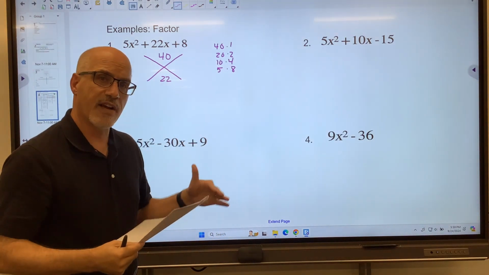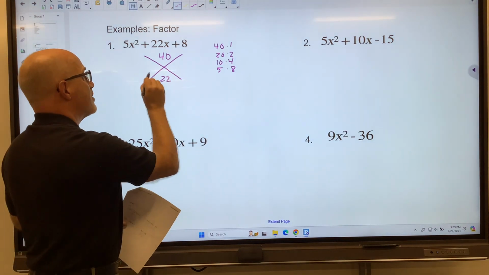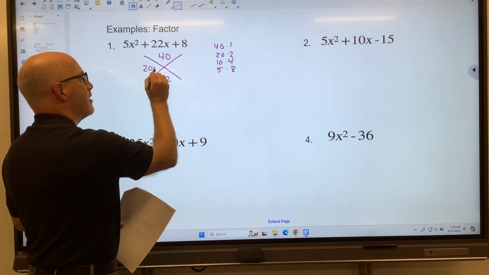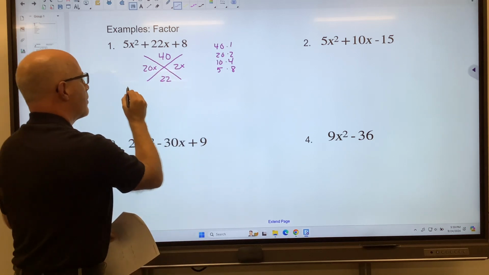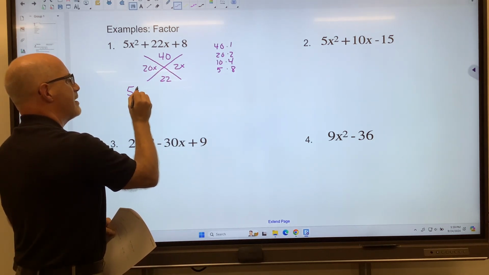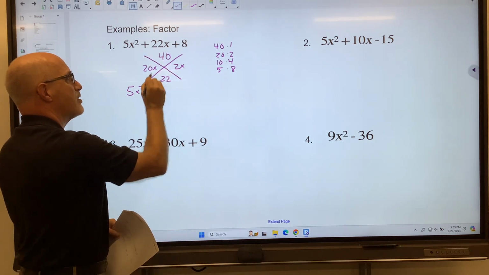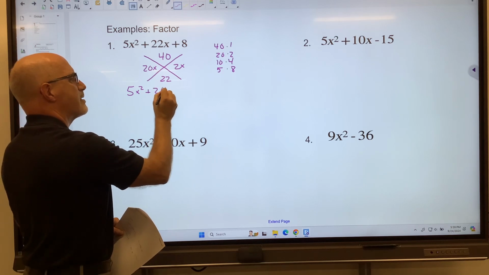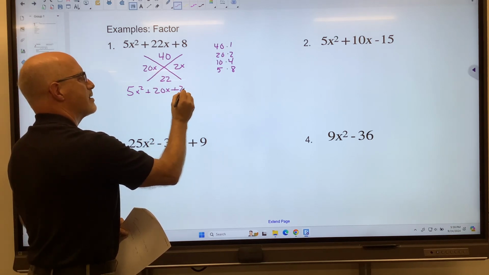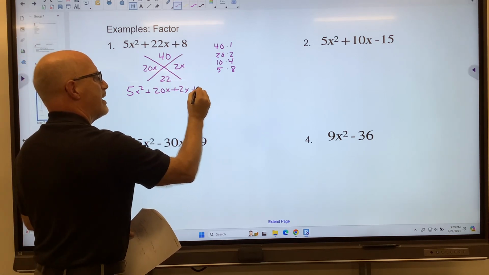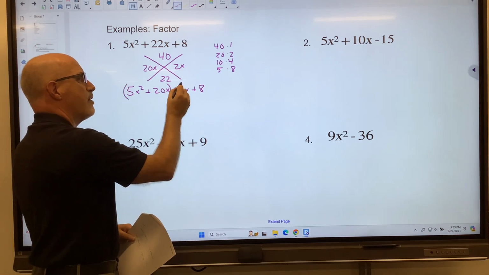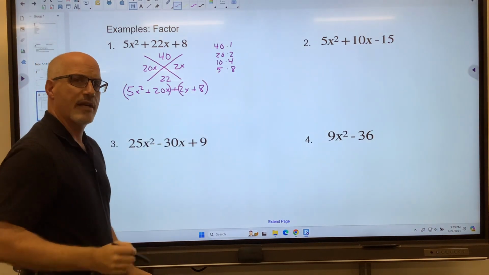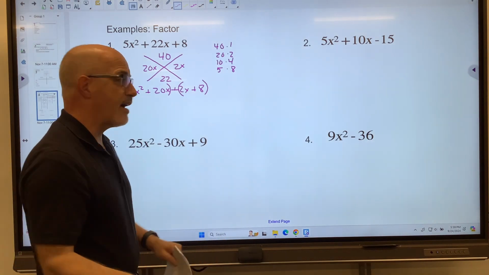So as soon as I find that one, I can stop and just say I'm going to put a 20x here. I'm going to put a 2x here. And now I'm going to rewrite it, taking that middle term, separating the 22x into 20x and 2x, and then just writing the 8 out here. Now I'm going to group the first two together and the last two together, factor out the GCFs.